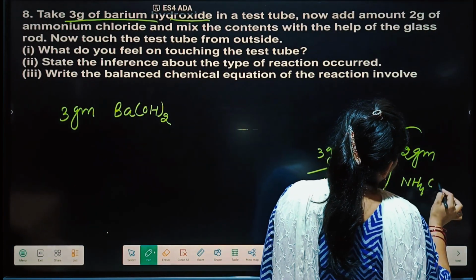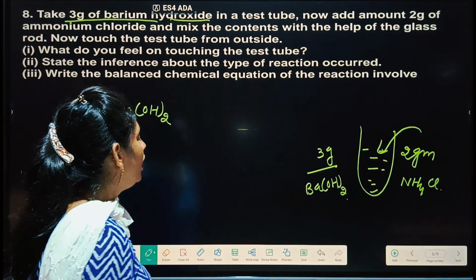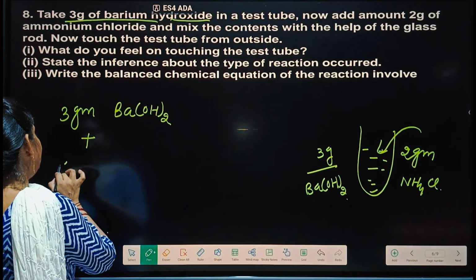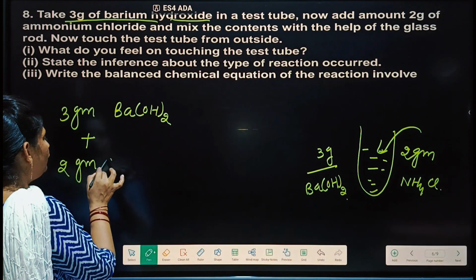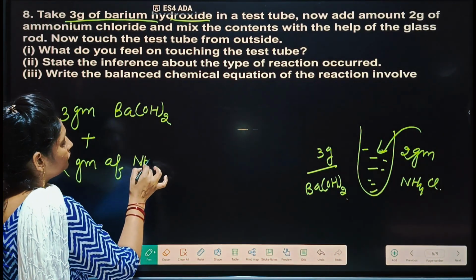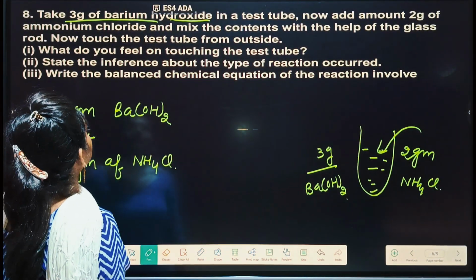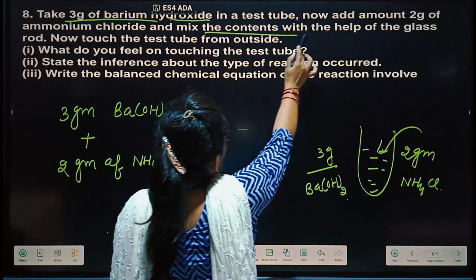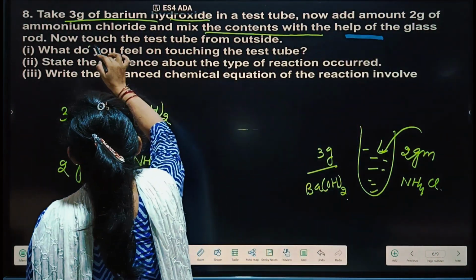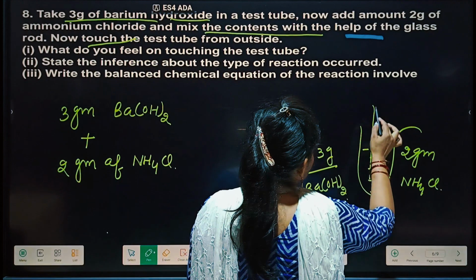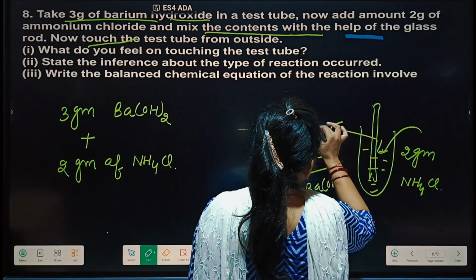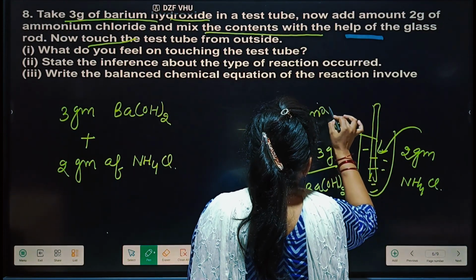This is the ammonium chloride. Mix the content with the help of a glass rod. You will mix this solution.